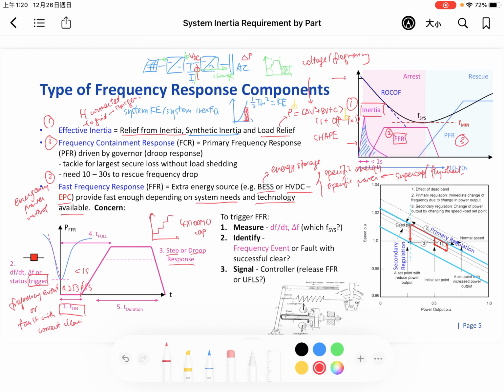But if you have a 400 megawatts synchronous condenser, then you can choose the amount of reactive power or power that can be supported to the grid. Inertia can be supported to the grid. So it's all about the technology that you have or you can provide.